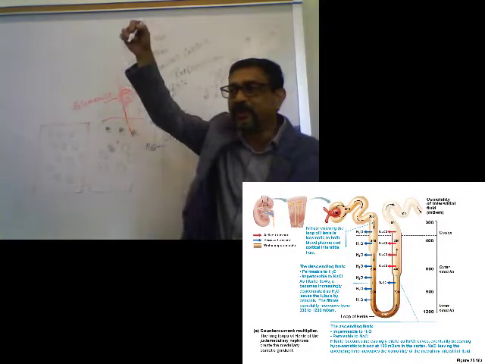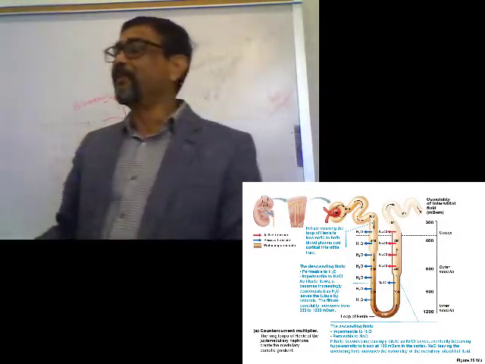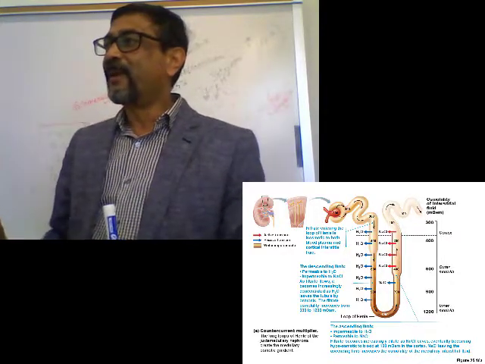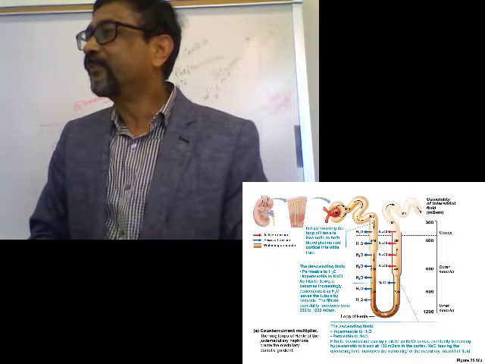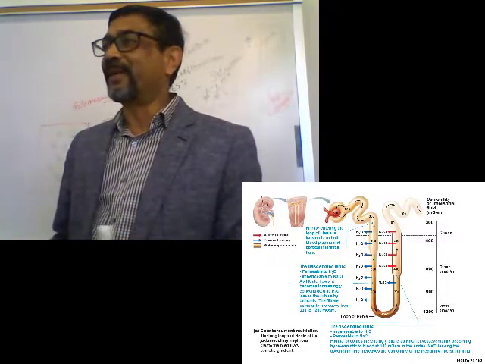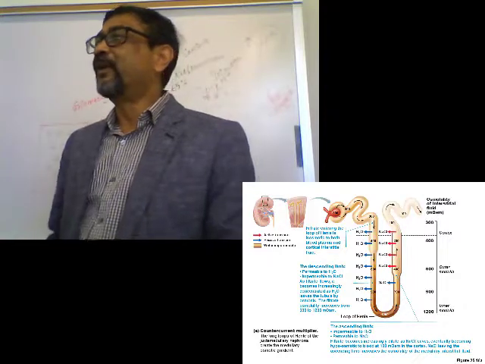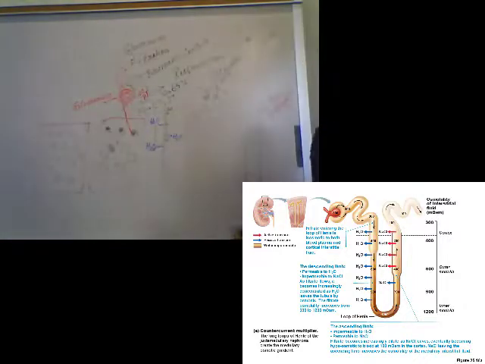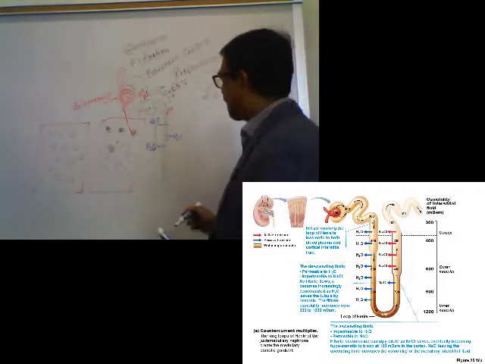So as the fluid goes down through the descending limb, the concentration of fluid increases. Is it clear? But the volume decreases because water is leaving. So the concentration increases a lot, but the volume decreases.